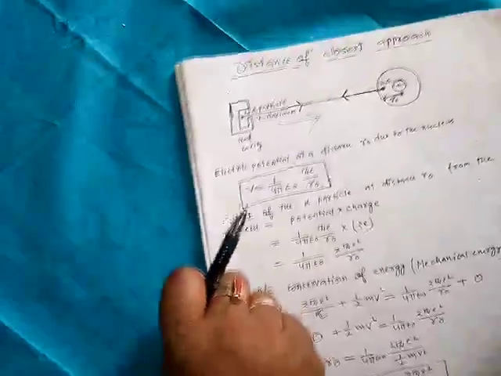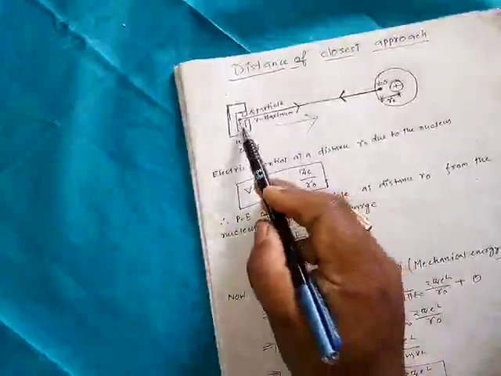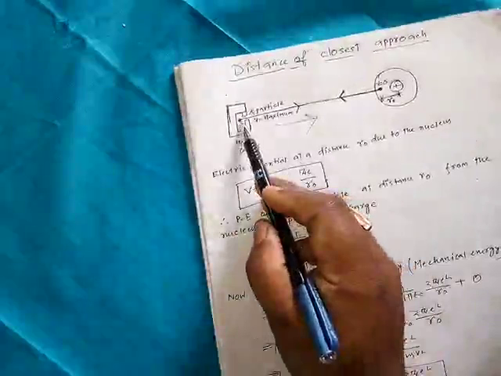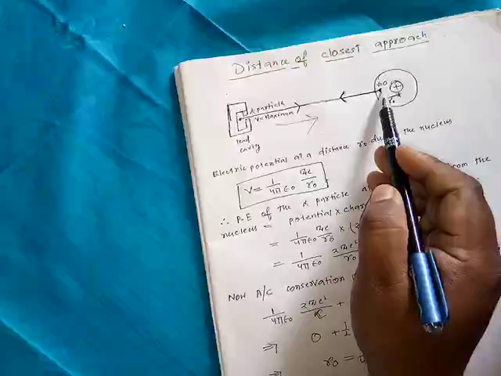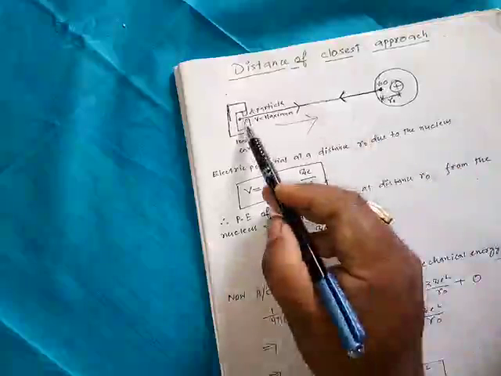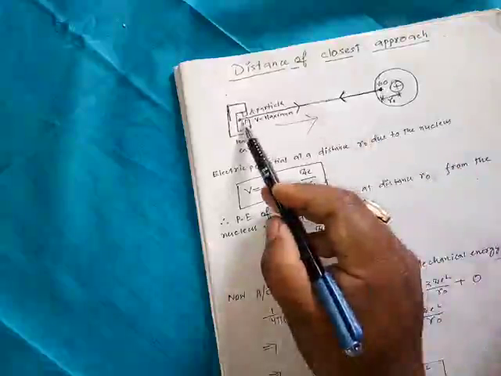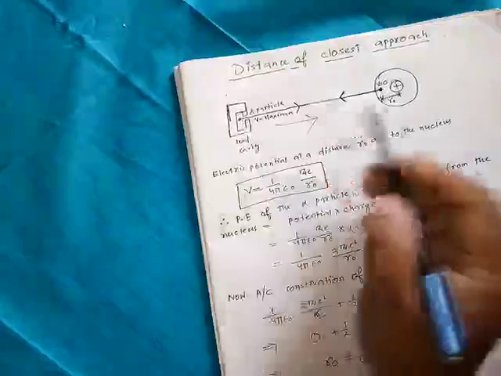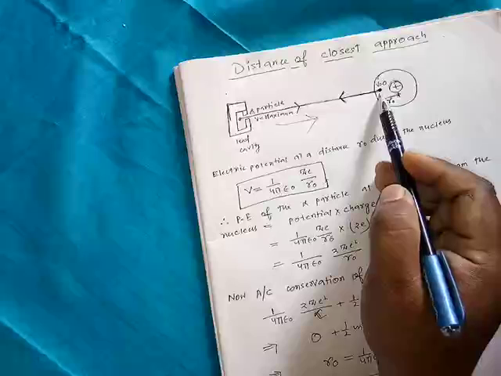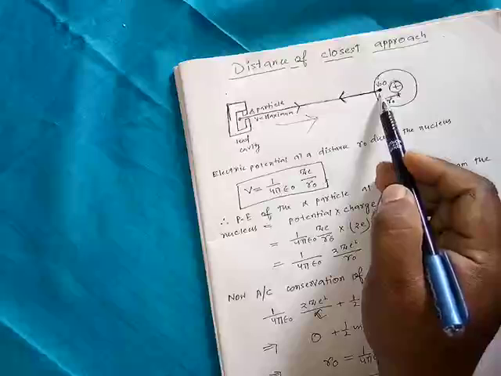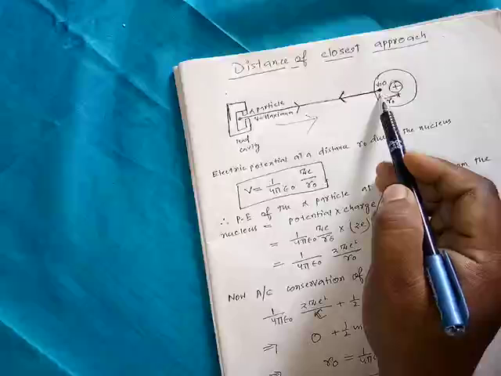Now what we have seen, the velocity of the alpha particle is maximum here at the point of emission, at the point of ejection, and its velocity will become 0 here, right? So the alpha particle is having maximum kinetic energy here at the initial point, and it will have 0 kinetic energy at this point. Am I right? And we know that energy can neither be created nor destroyed.